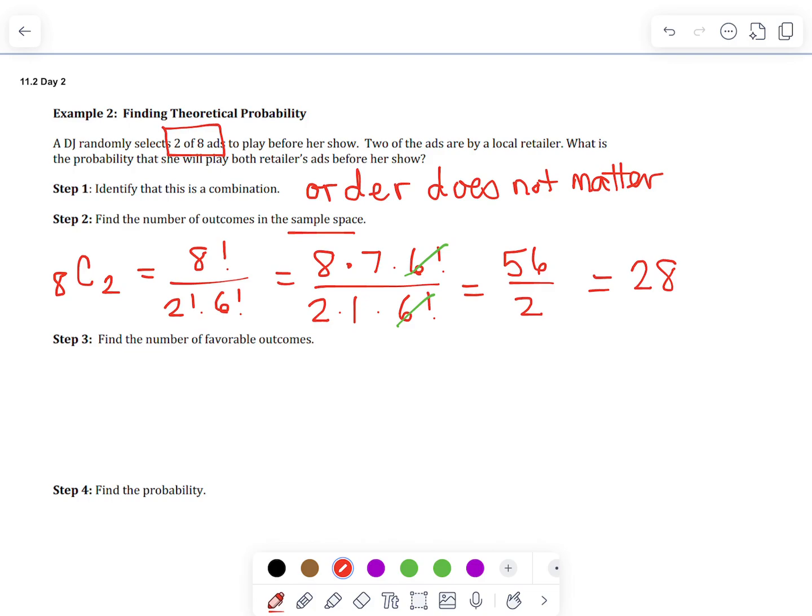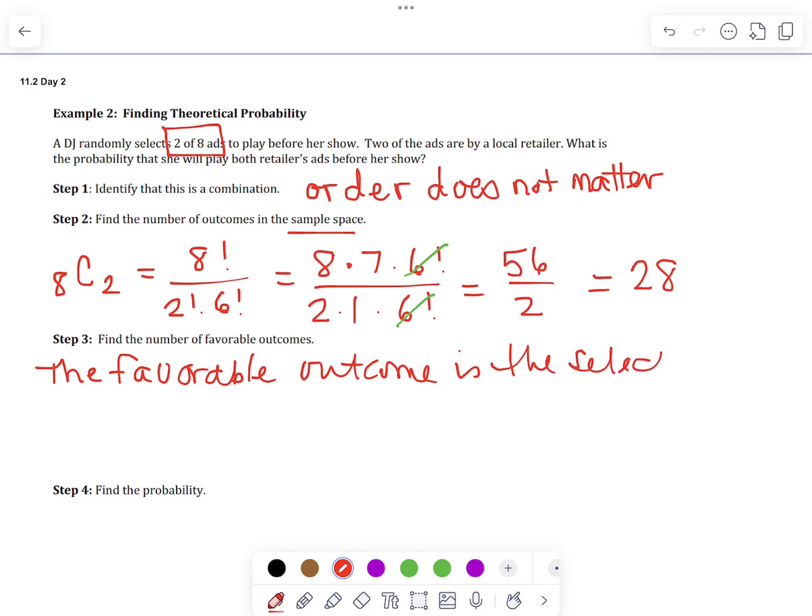Step 3, find the number of favorable outcomes. So the favorable outcome is the selection of the 2 retailer ads.